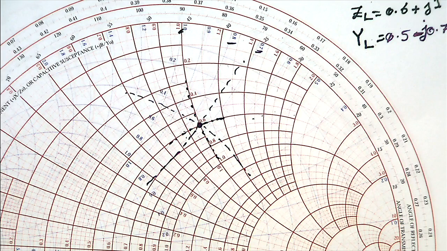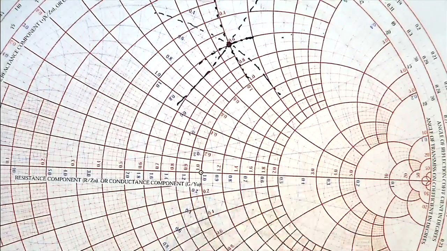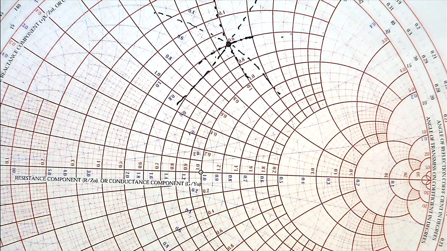We can directly put the admittance from the picture. When we have this point, you can see the value for the impedance by the intersection of R and X, and the value for admittance by the intersection of G and B. Easy.